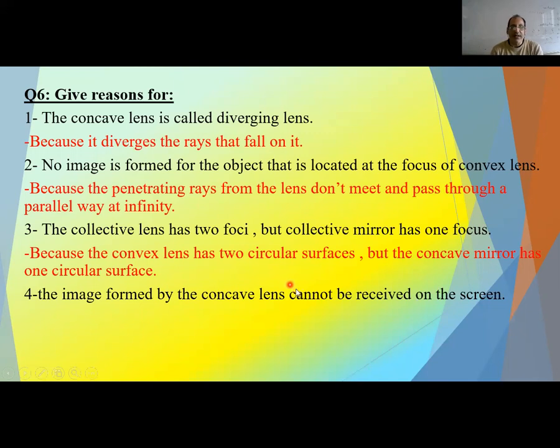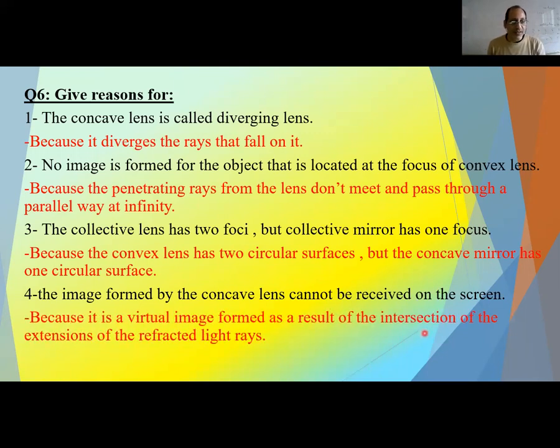The image formed by concave lens cannot be received on a screen. Again here, because it's virtual, or because it is formed due to the intersection of the extensions of the refracted light rays. Look at this: result of intersection of the extension of refracted light rays. Since it was formed by the extension of the refracted rays, not the refracted rays themselves, it's not true.